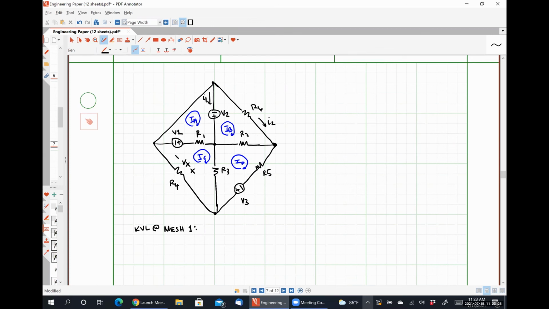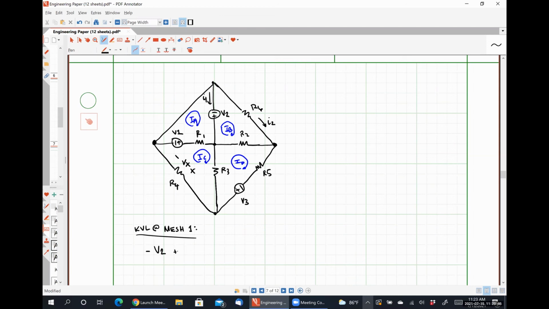All right, so I'm going to start here, and I'm going to follow that mesh current around. For this horizontal branch right here, we have no resistance or voltage sources, so we don't really see anything. The next thing that we would see would be negative V2.